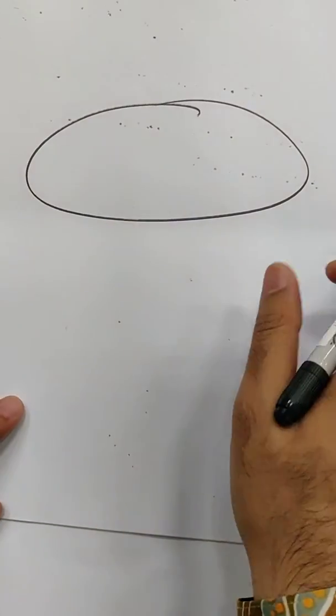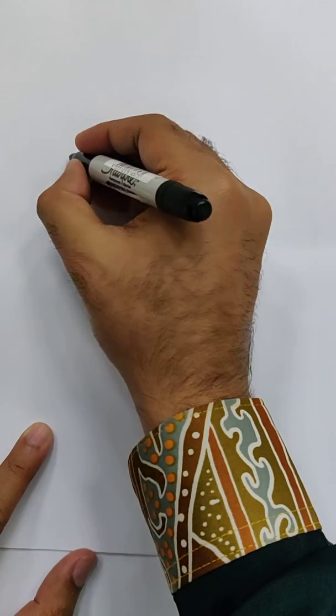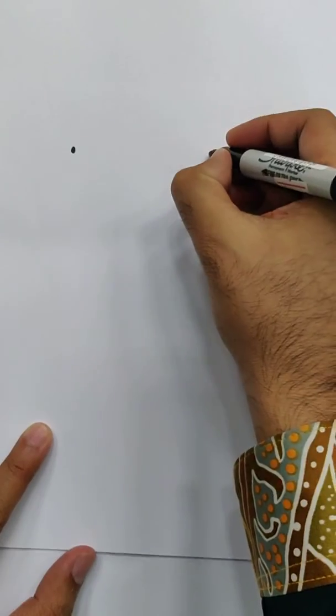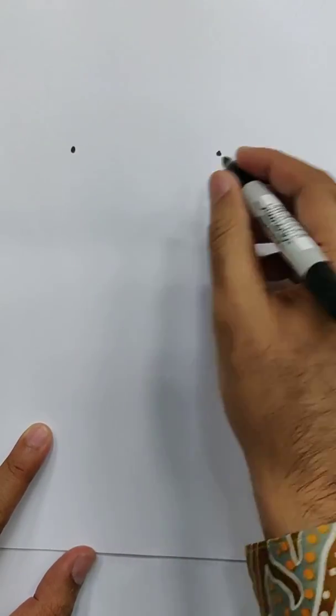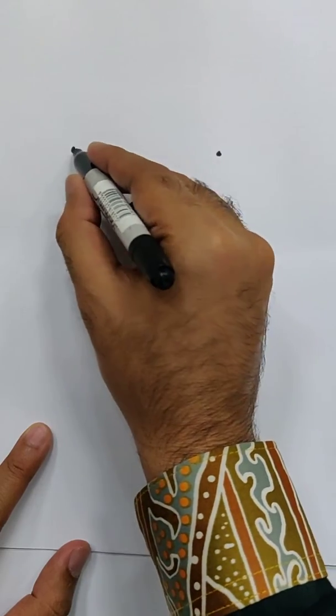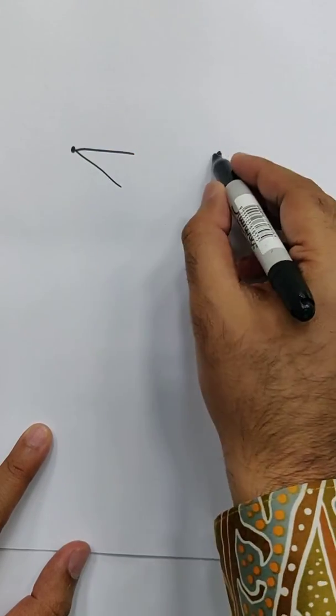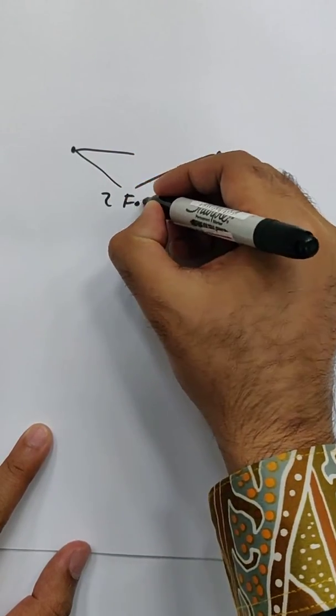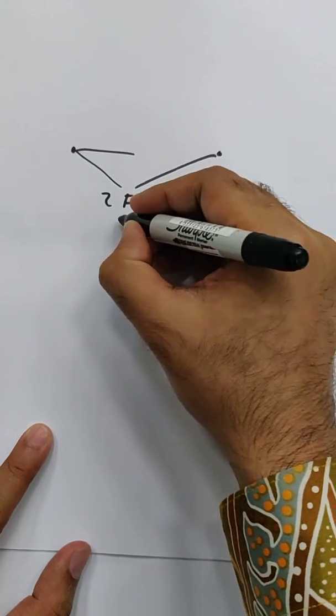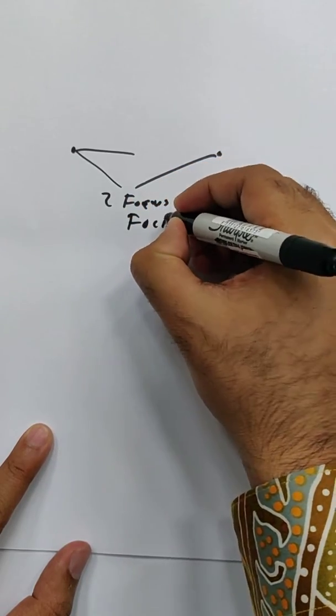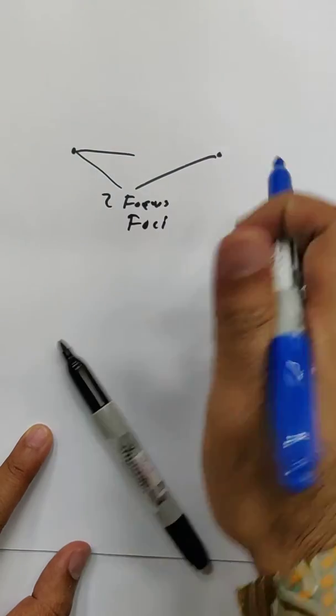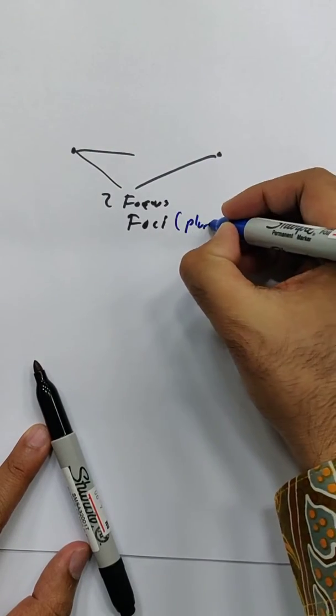It doesn't have one focus. It actually has two foci. This is what we call two focus, which we call foci for the plural.